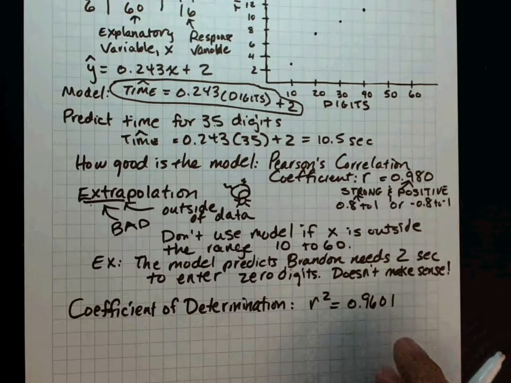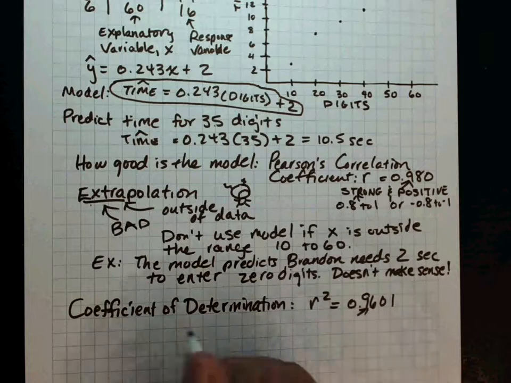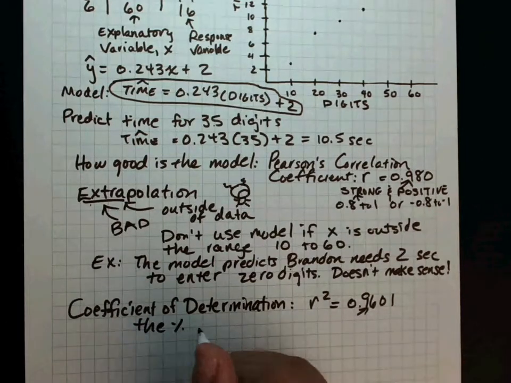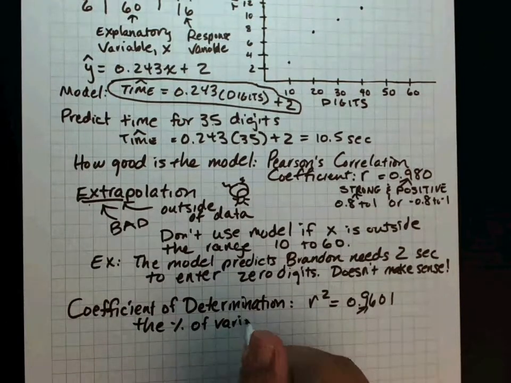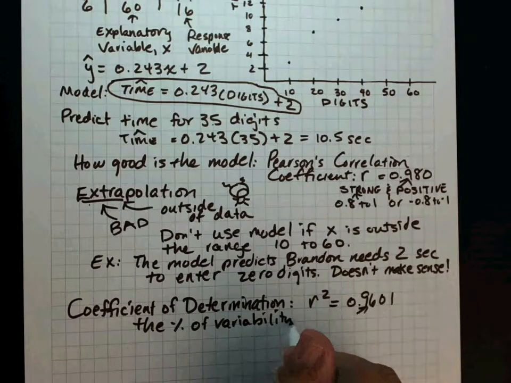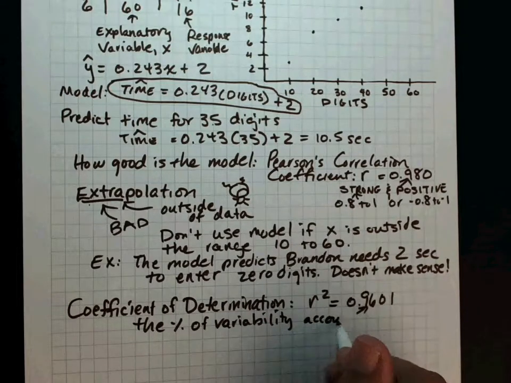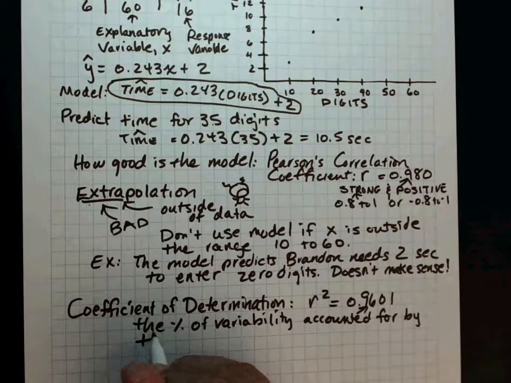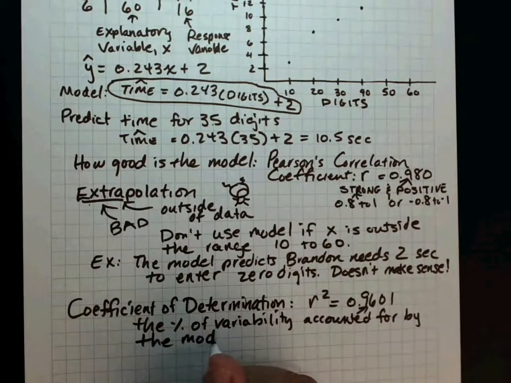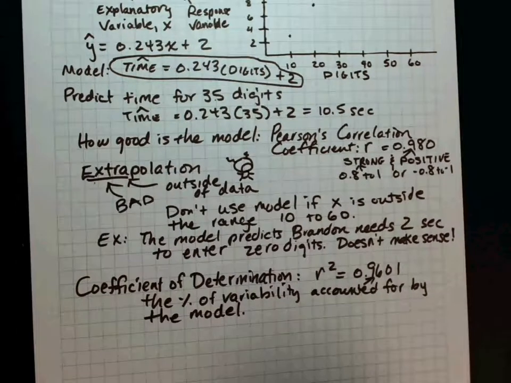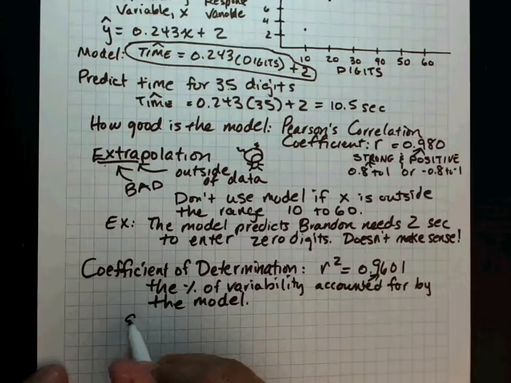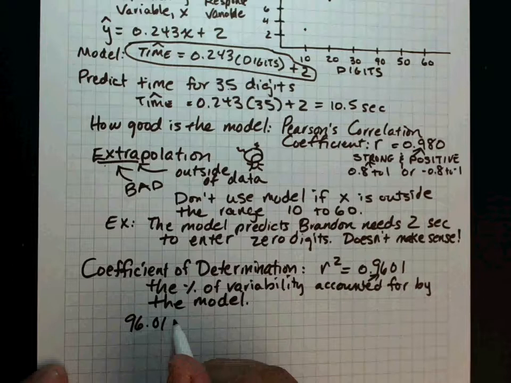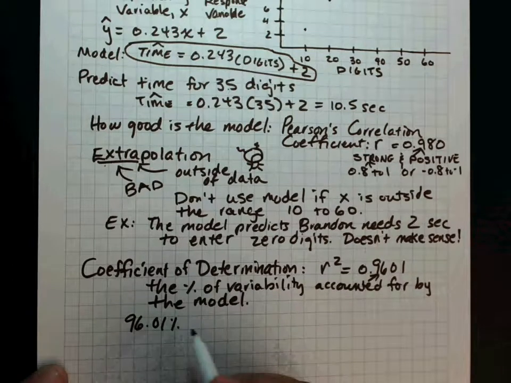This tells me the percent of variability accounted for by the model. All right? So in this case, I can say 96.01%. It's a little precise, but okay.